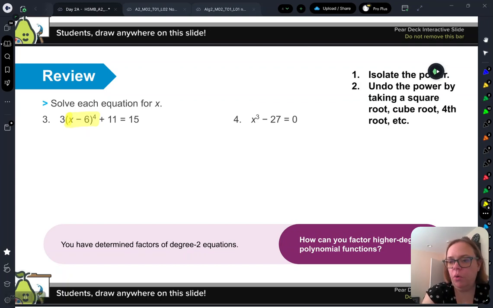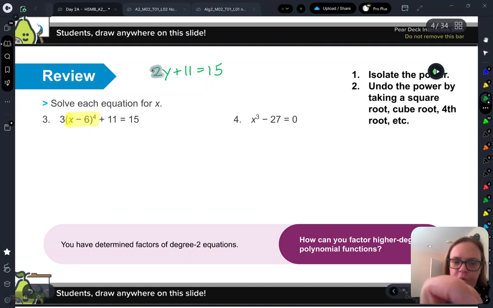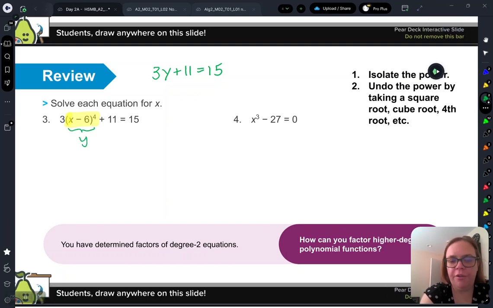If you're not sure what order to do it in, just think of something like 3y plus 11 is equal to 15. How would you solve that? All I did was replace this with y. I know every Algebra 2 student can solve this. It's a two-step equation that you learned in like 8th grade: you want to subtract the 11, and then you want to divide by the 3.